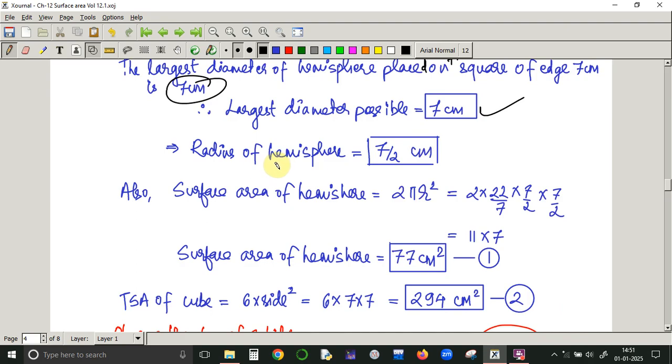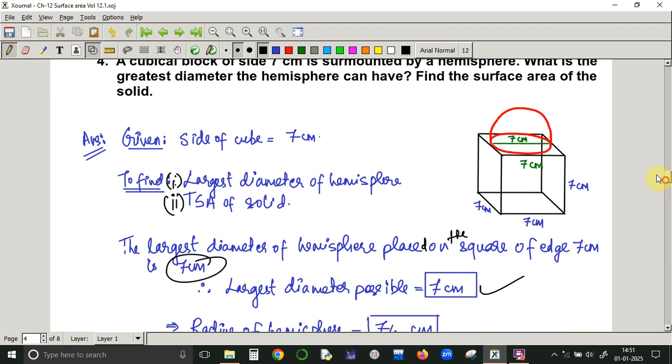This also tells that the radius of the hemisphere is 7/2. We can keep this value as it is, or if you want you can take the decimal, so 3.5.